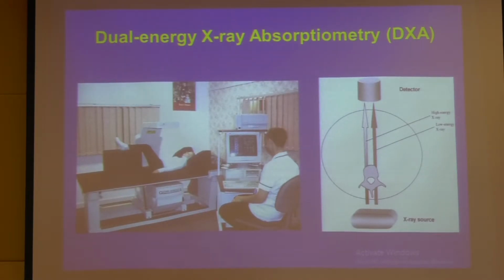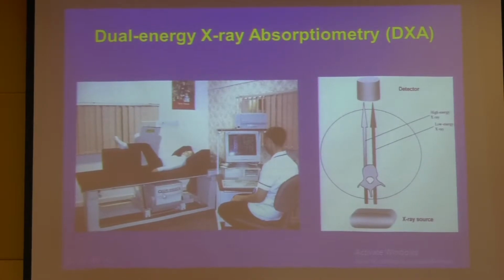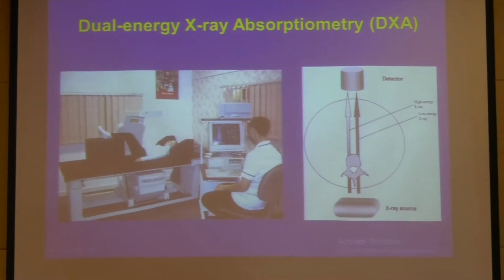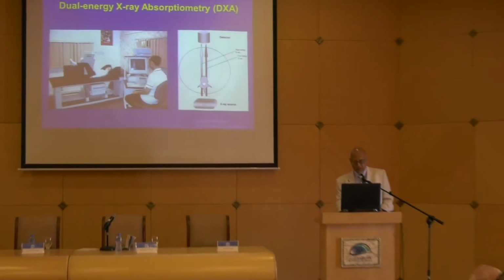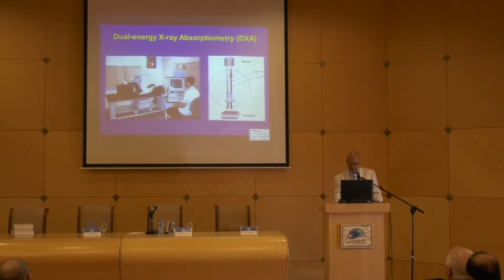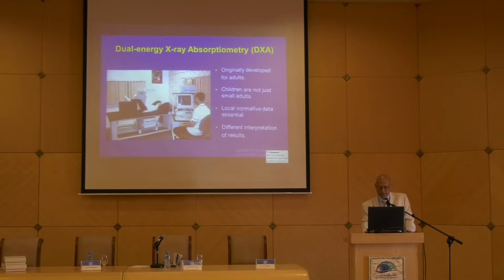So you get more than just bone data from this, and lean body mass is an important surrogate for muscle, and I think that's quite important. So here you see one of our study patients having DEXA, and this is for the lumbar spine, and you can see the lumbar spine images appearing on the old-fashioned screen, which is quite an old slide.